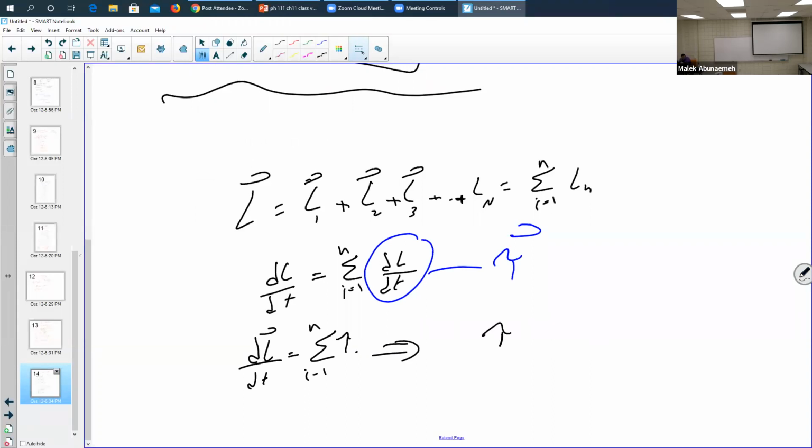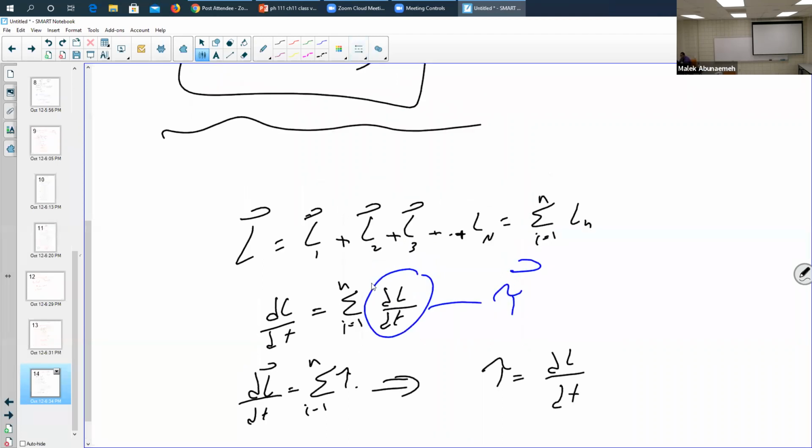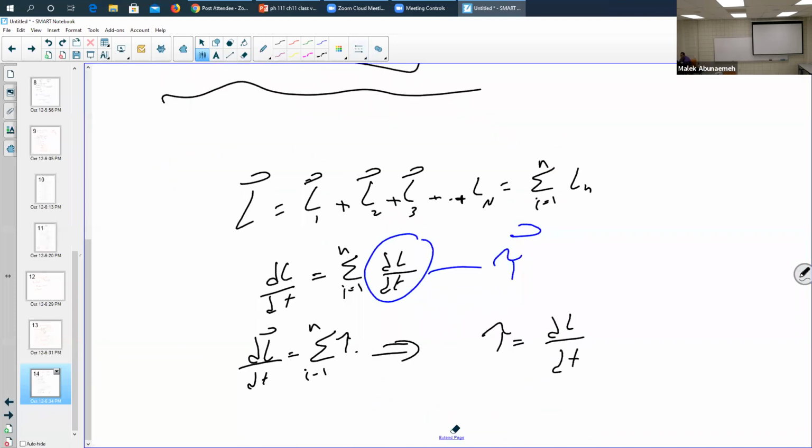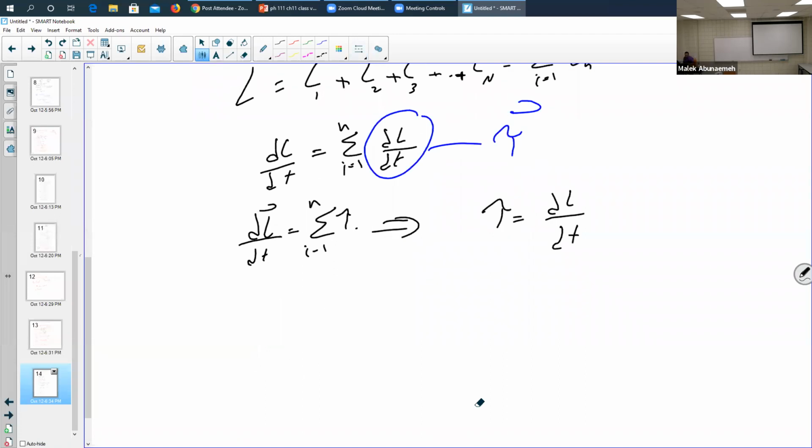That means your torque is going to equal dL, your change in momentum, over your change in time, dL over dt. That means your dL equals your torque dt.